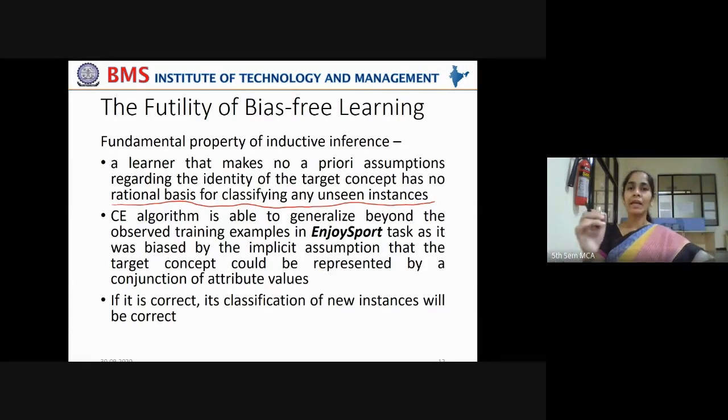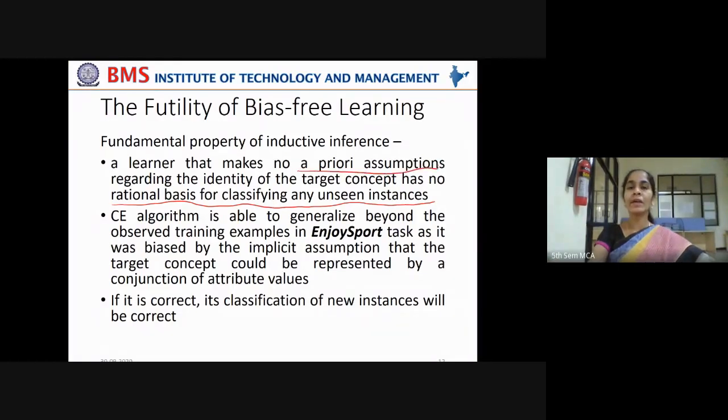Like that, any learner, though it seems to be unbiased, has to depend on some assumptions in order to make the learner generalizable. Understood clearly? Though you say that a learner is unbiased, it has to start with some a priori assumptions.